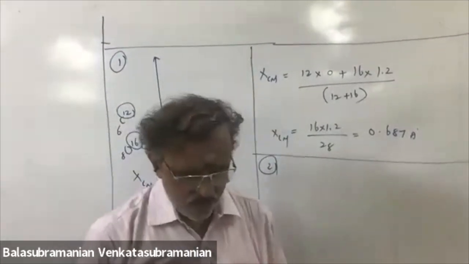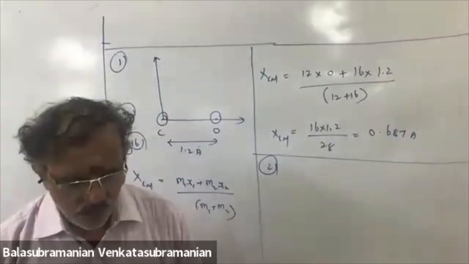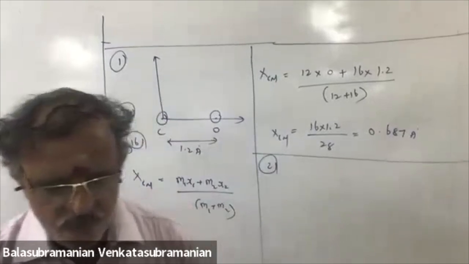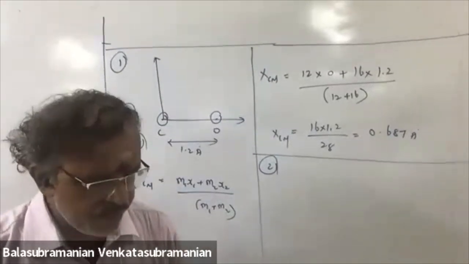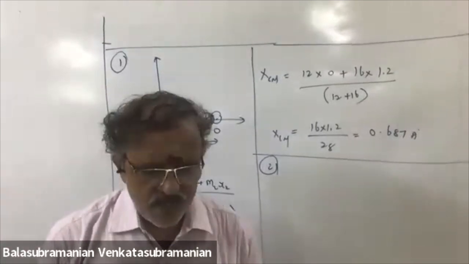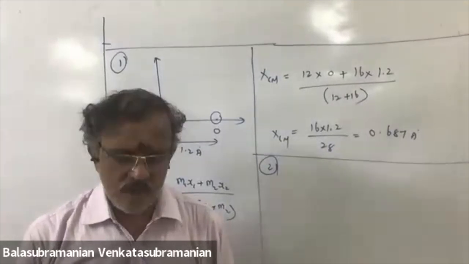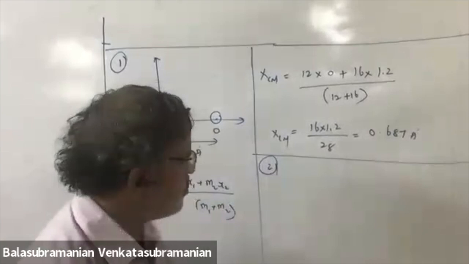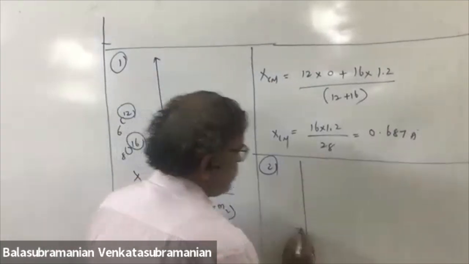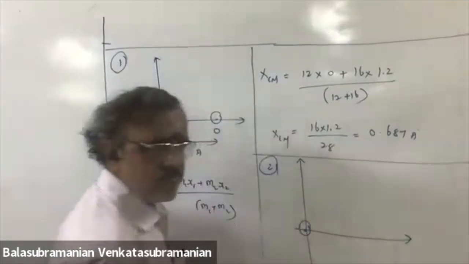Second problem: two point masses, 3 kilogram and 5 kilogram, are at 4 meter and 8 meter from the origin on the x-axis. Locate the position of the center of mass of the two point masses, one from the origin and two from the 3 kilogram mass. Say this is the basic diagram. This is the origin.